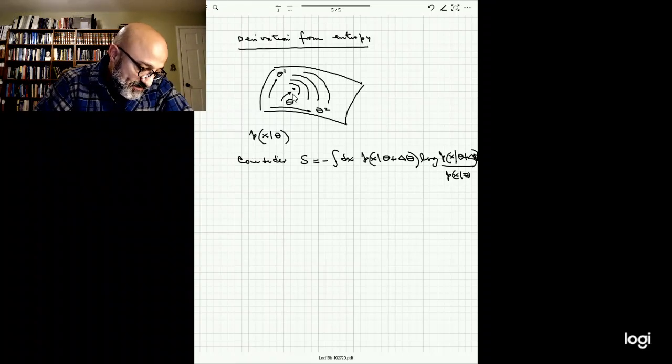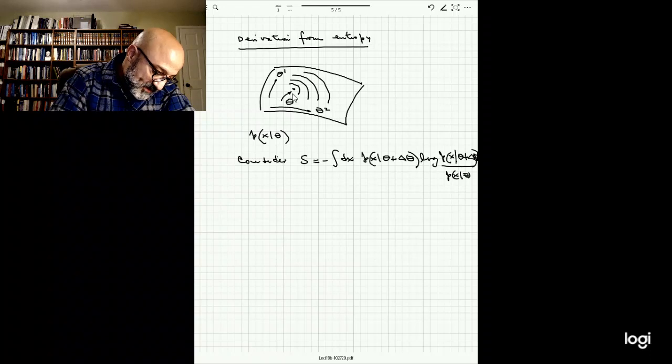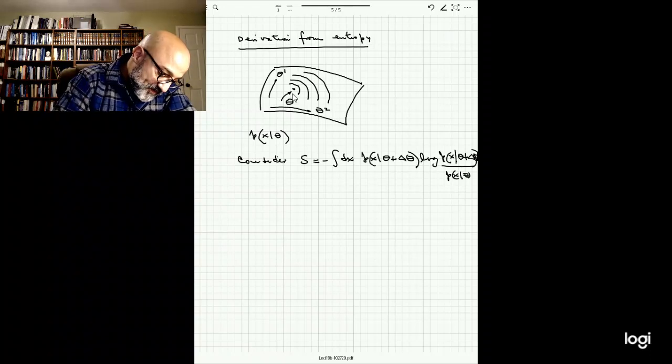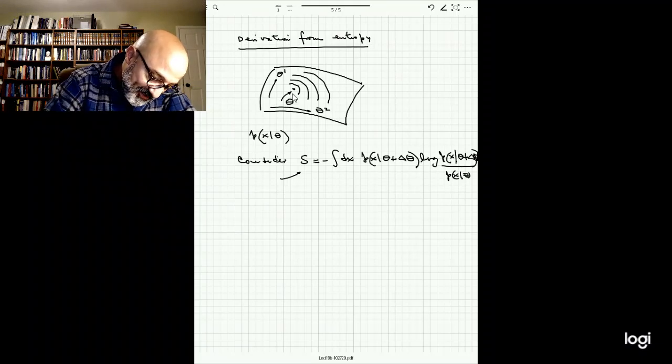Very good. So let me do this. And how do we proceed? Whatever this entropy here is, let me rewrite this formula.